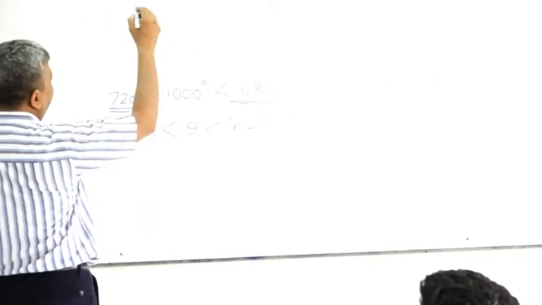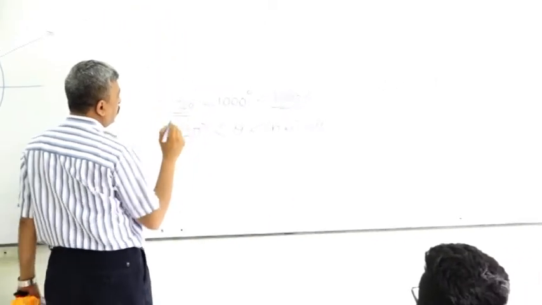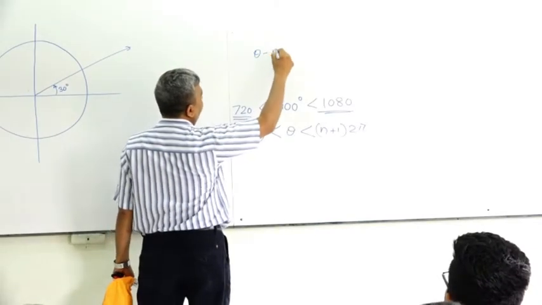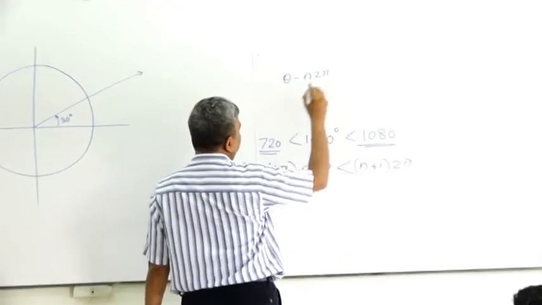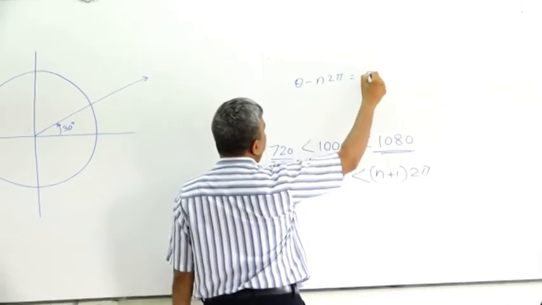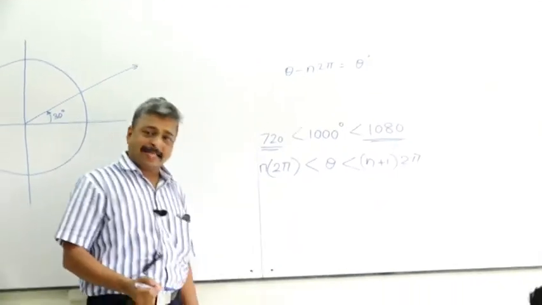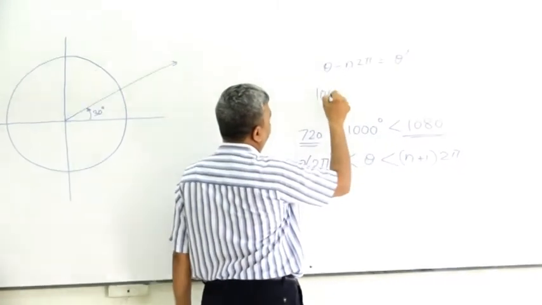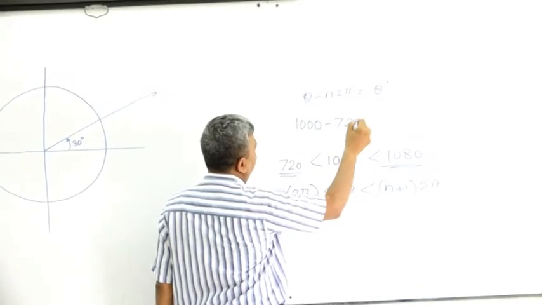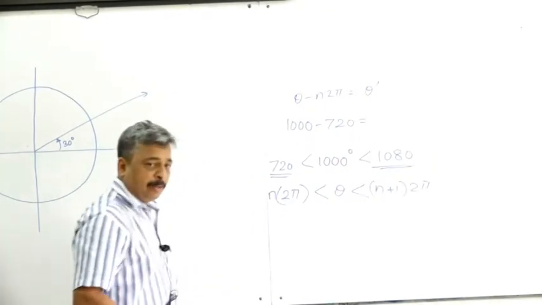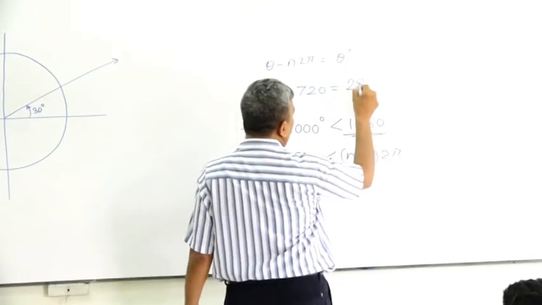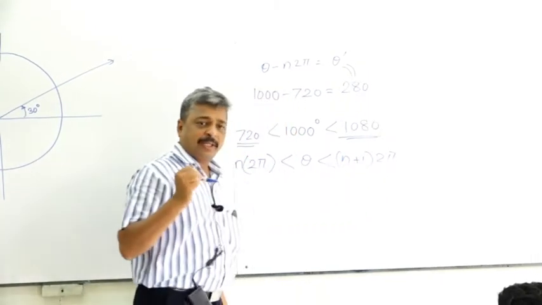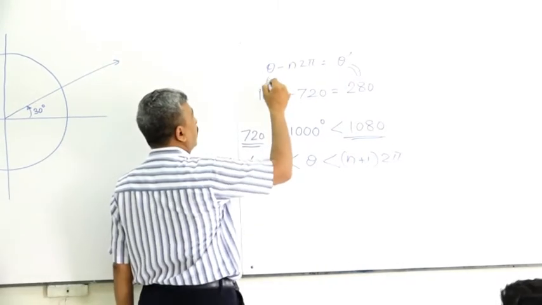If I subtract theta minus n 2 pi, I will get, say, value theta dash. And theta dash is going to be between 0 and 2 pi. So for 1000, what will that value be? 1000 minus 720 will be 280. So I am calling 280 theta dash, and 1000 is my theta.